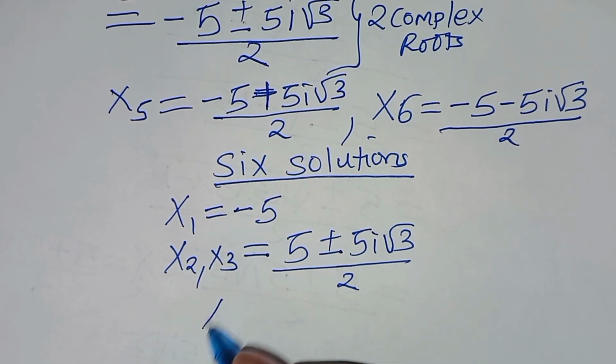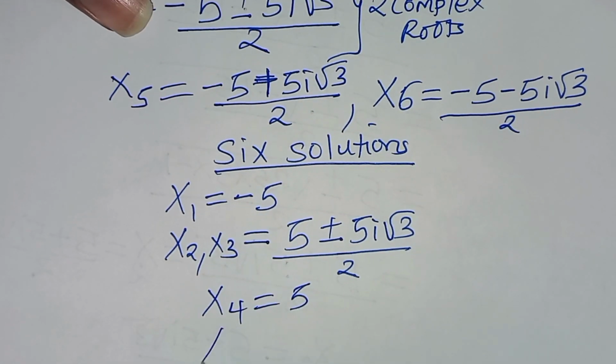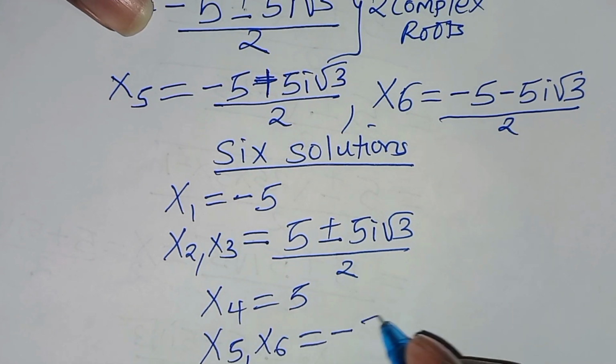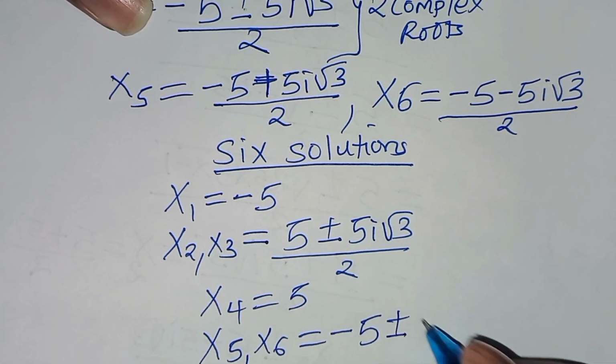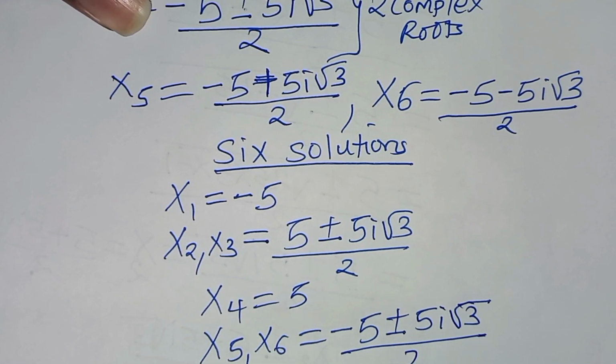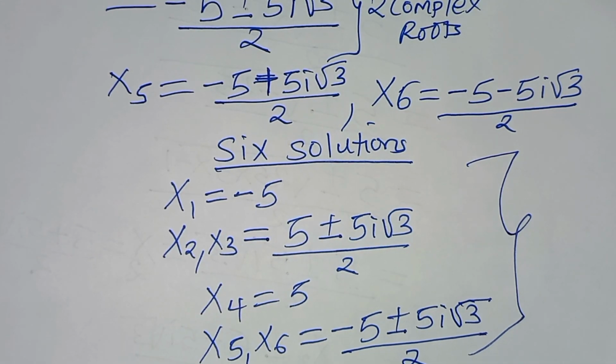We have x4 equal to 5. And then we have x5 and x6 given as negative 5 plus or minus 5i square root of 3, all this divided by 2. So these are the 6 solutions that we have solved.